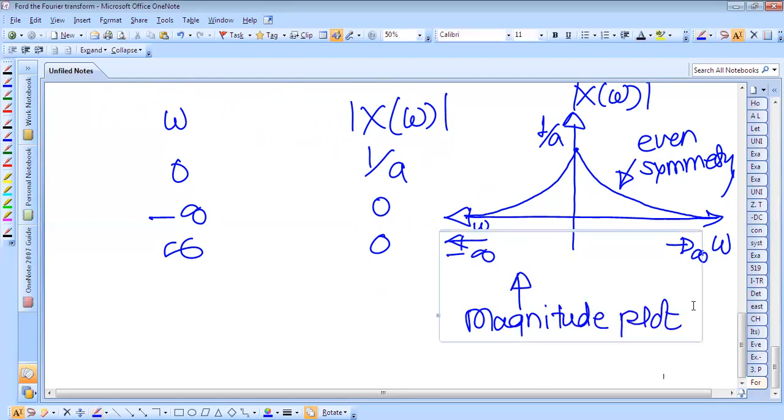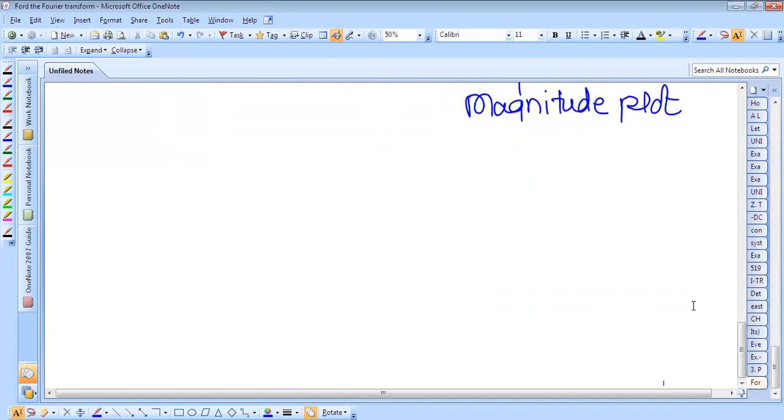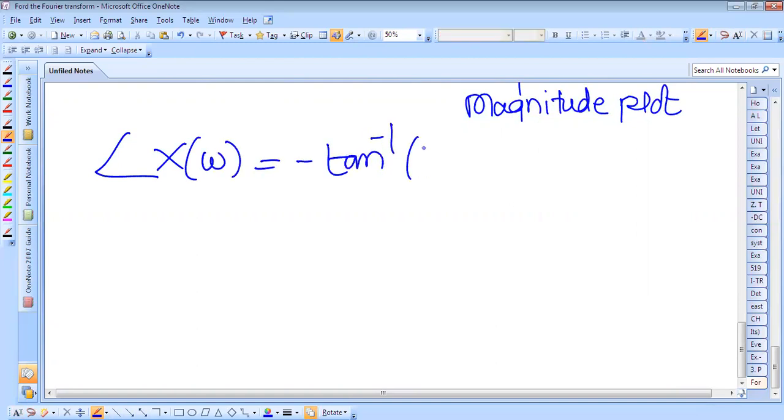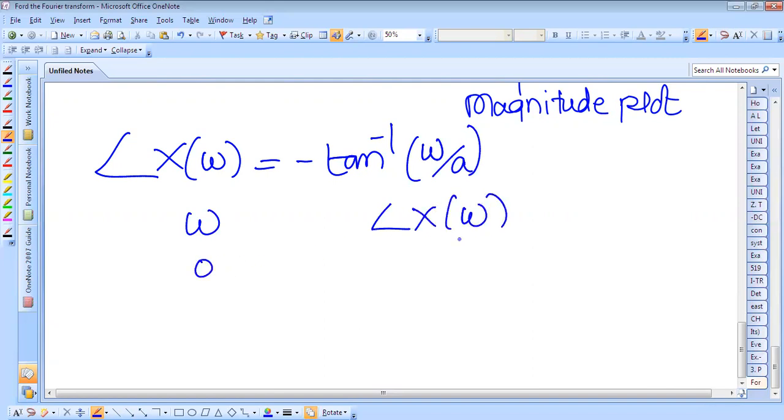Now let us go for the phase plot. Phase plot, we know that the angle of X of omega is equal to minus tan inverse of omega by a. So this is omega, and this is the angle of X of omega. So when omega is equal to 0, this is also 0.